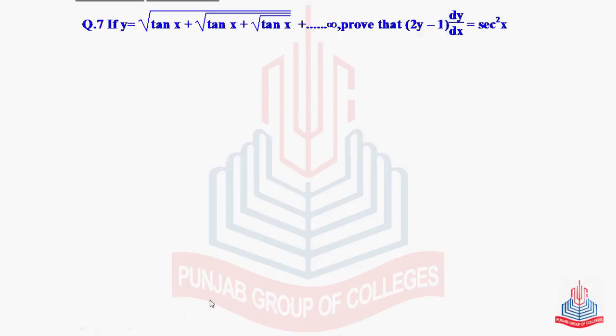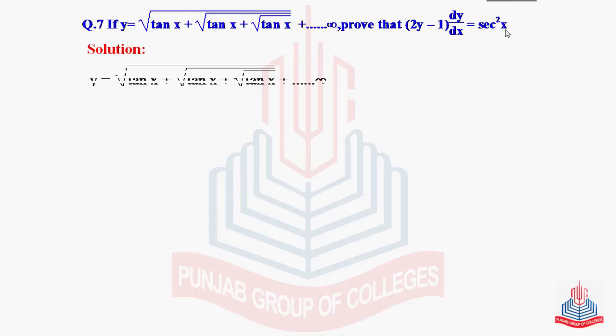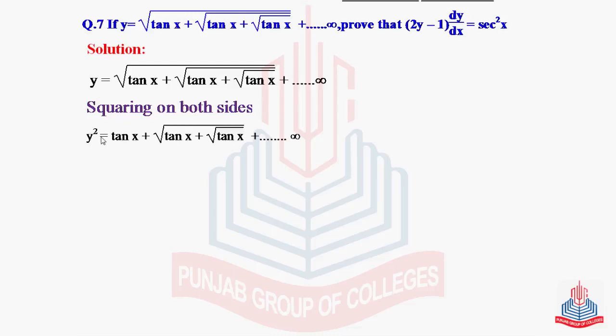Question 7. If y = √(tan x + √(tan x + √(tan x + ...))), repeated up to infinite times, then prove that (2y − 1) dy/dx = sec² x. Solution: the given expression is y equal to tan x plus tan x plus tan x in square root form, up to infinite terms. Squaring both sides, the left-hand side will be y², and on the right-hand side the first square root will be cancelled out by our square.